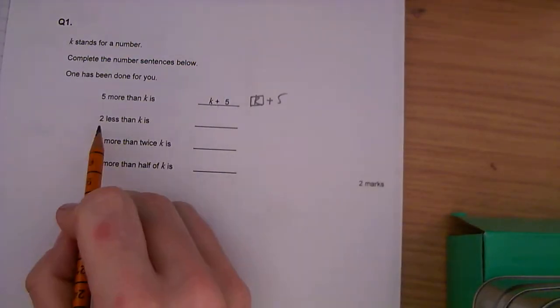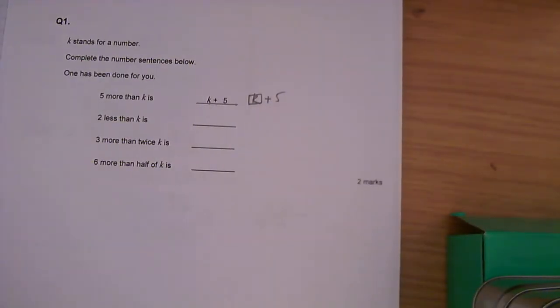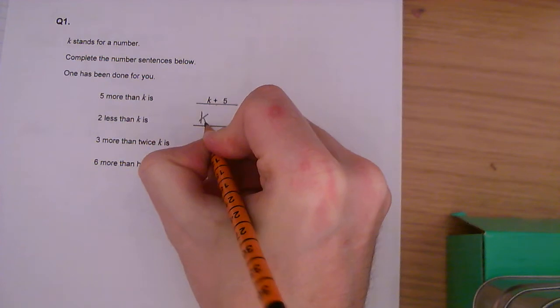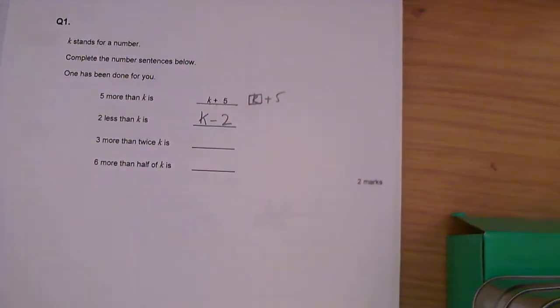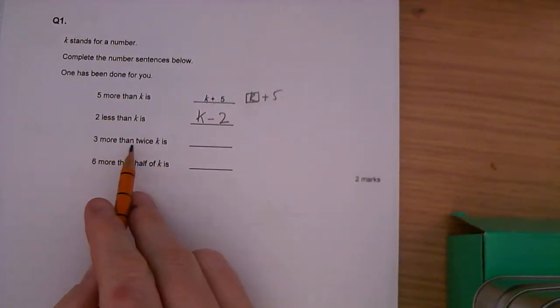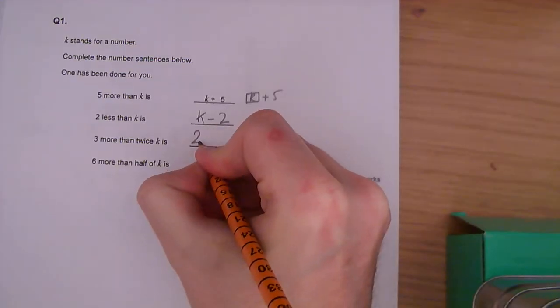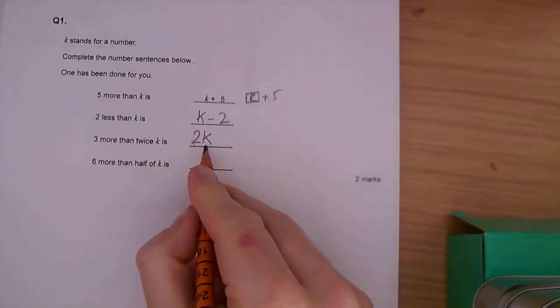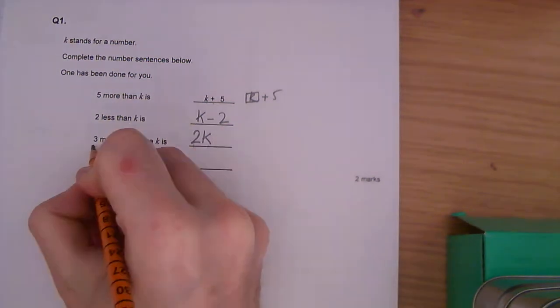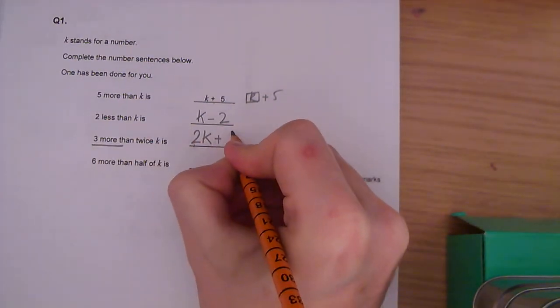Okay. 2 less than K. So our number, whatever it might be, is 2 less than K. So it's just K minus 2. 3 more than twice K. So twice K is K times 2, 2 lots of K. So that is 2K, 2 times K, plus 3.